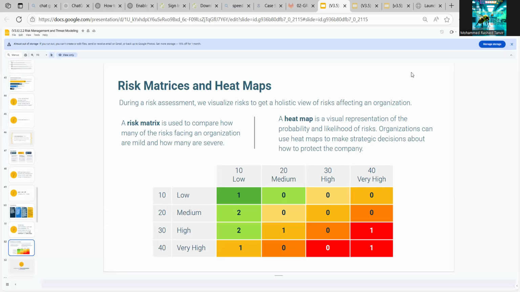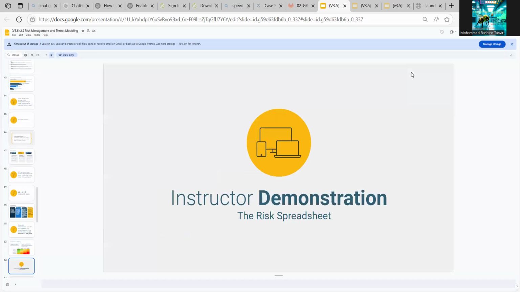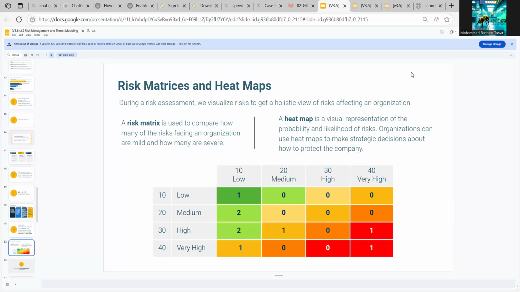As a cybersecurity engineer, you will always be using this type of heat map and then sending it to your boss to show the risks in your office. Vertical is probability, horizontal is impact.